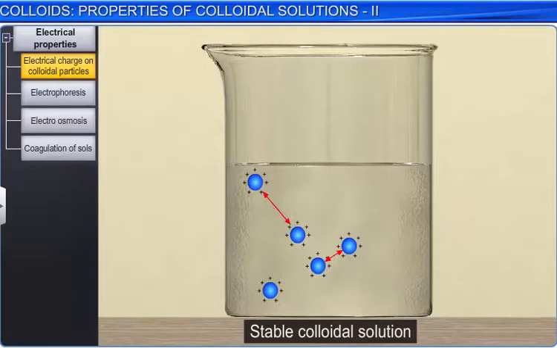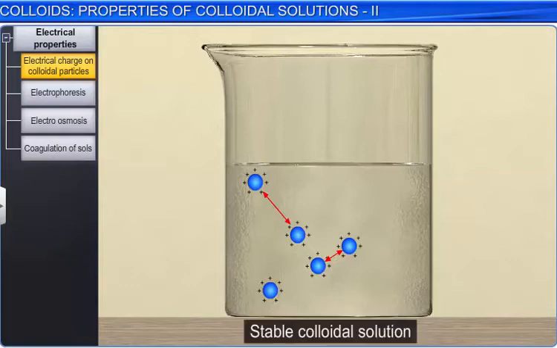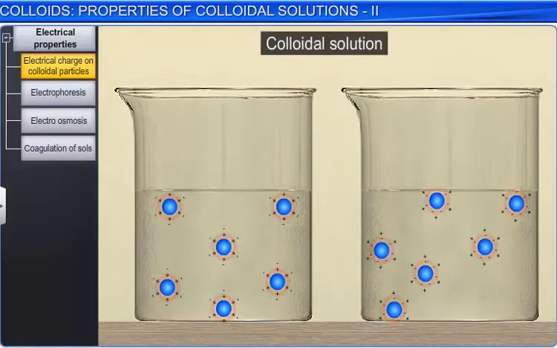This keeps them dispersed in the medium, and hence, a colloidal solution is stable. All the particles in a solution carry the same charge. The dispersion medium has an equal and opposite charge.